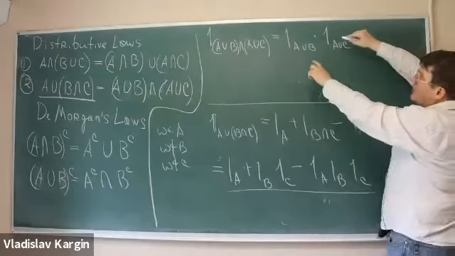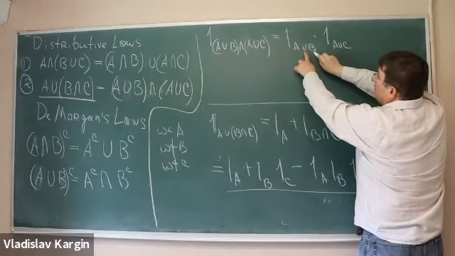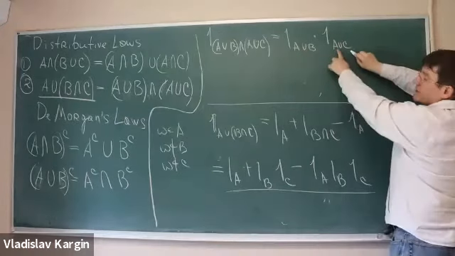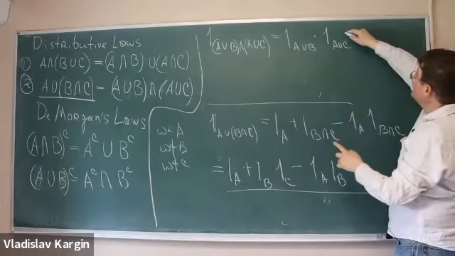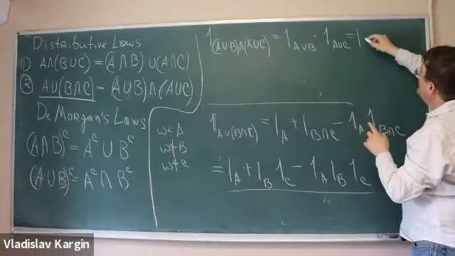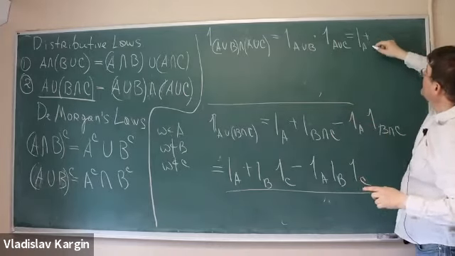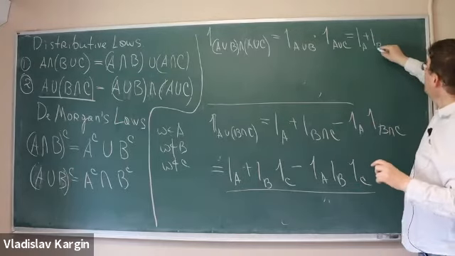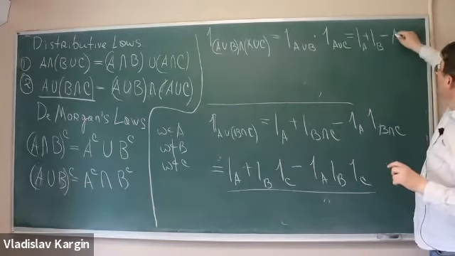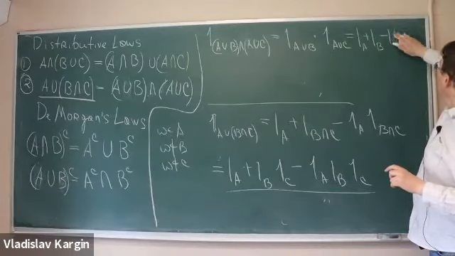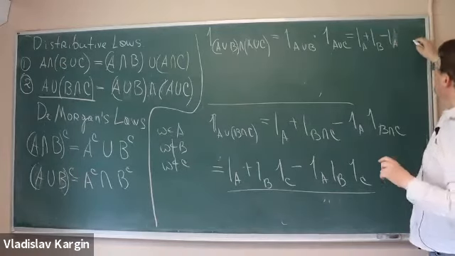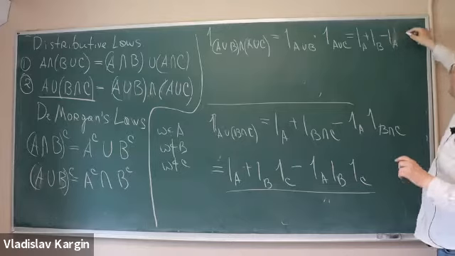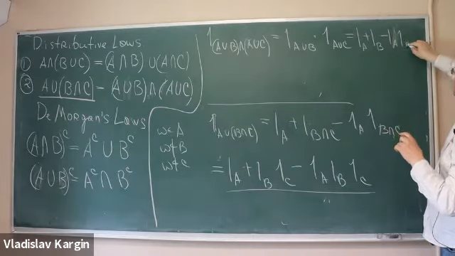Okay, so now after that, I want to write down these things. A union B, A union C. So it's equal to 1A plus 1B minus 1A 1B.